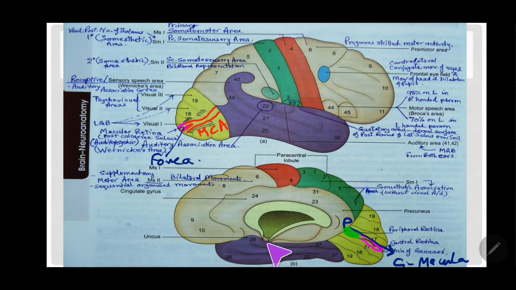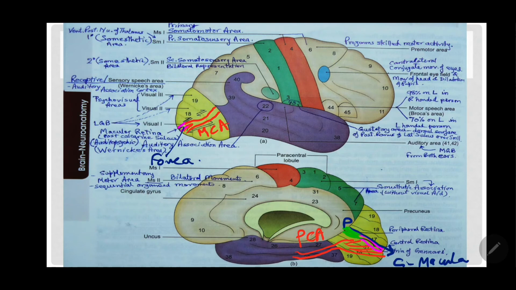So the blood supply of this supratentorial surface is mainly by which artery? The posterior cerebral artery, right? So the blood supply of the calcarine sulcus is by the posterior cerebral artery, reaching up to the occipital pole, and on the supralateral surface it's the middle cerebral artery.